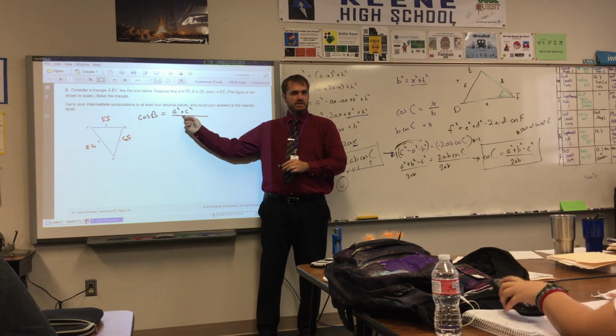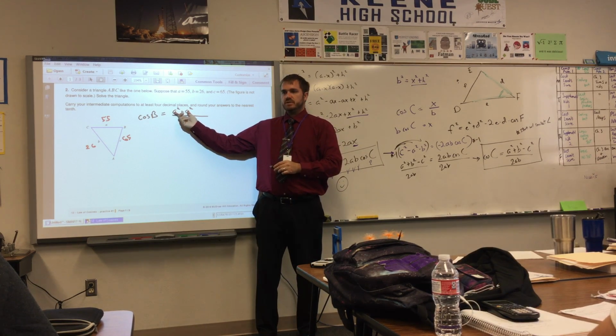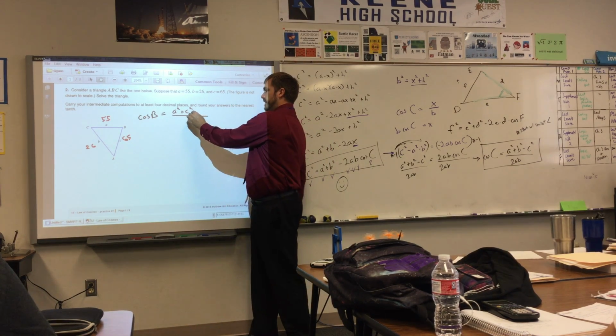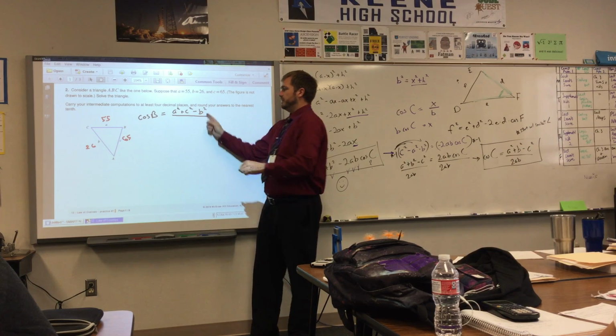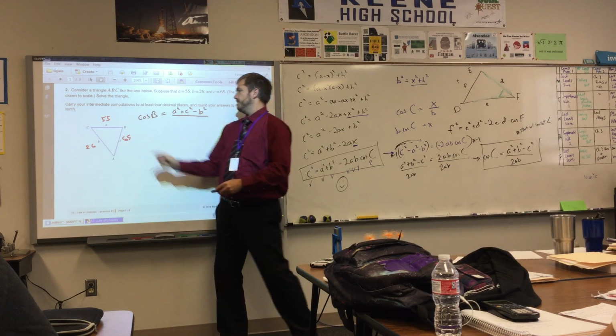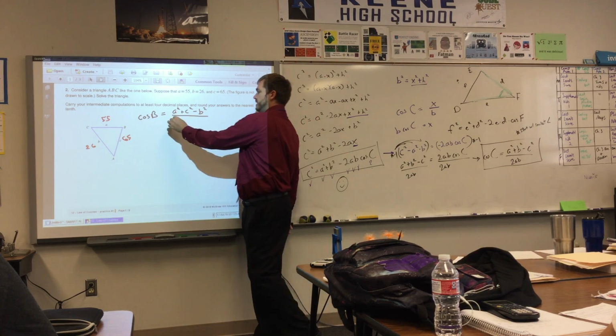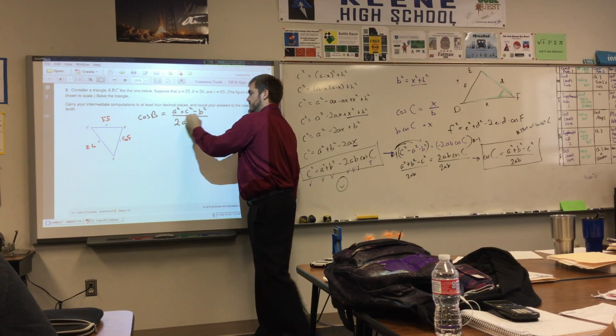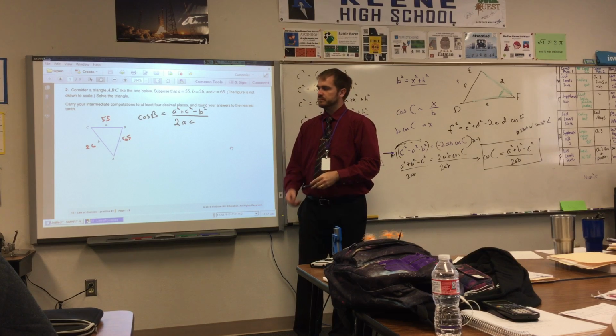Do you see where I'm coming from with this? These first two sides squared are the other sides that aren't matching this one. Then I have minus the side that's across from it, divided by 2, and then times these sides. So 2 times A times C.